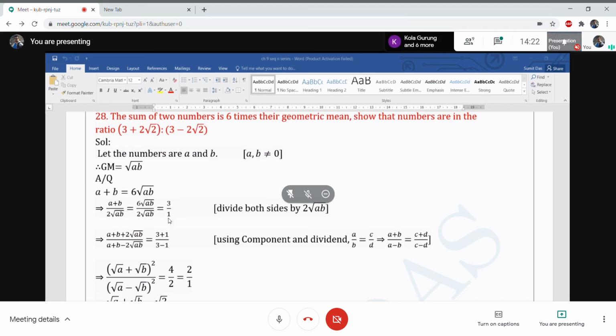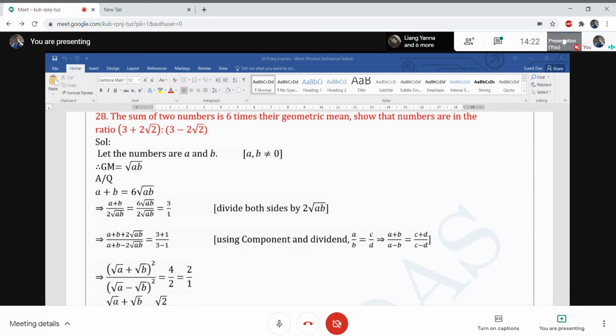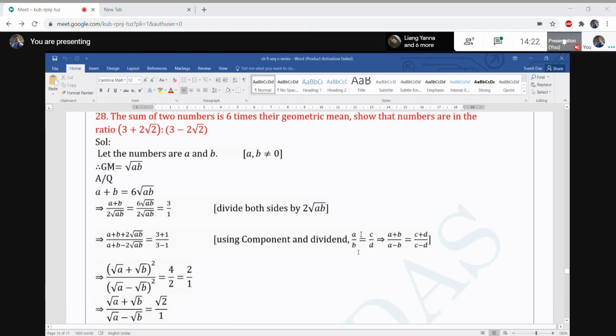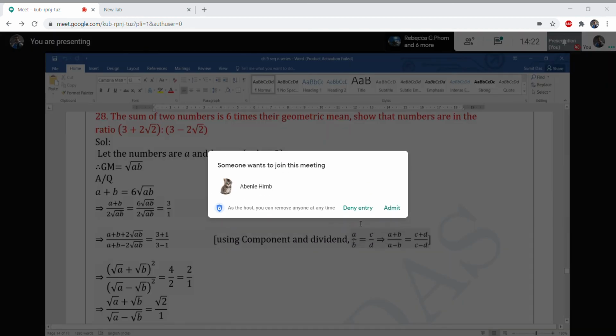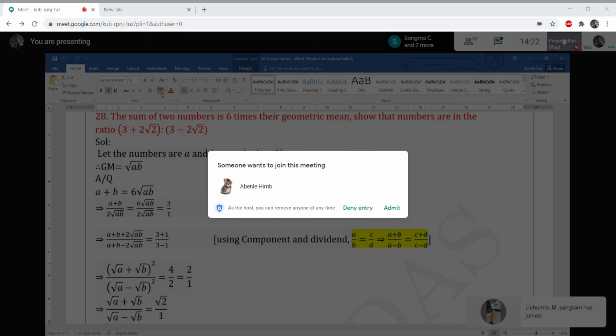Then next line, I hope you know this componendo dividendo method. That is, if a divided by b is equal to c divided by d, that implies that a plus b divided by a minus b equals c plus d divided by c minus d.